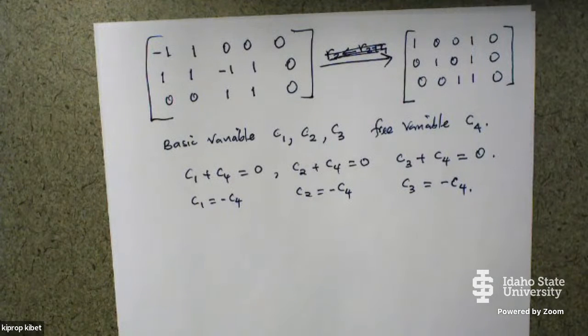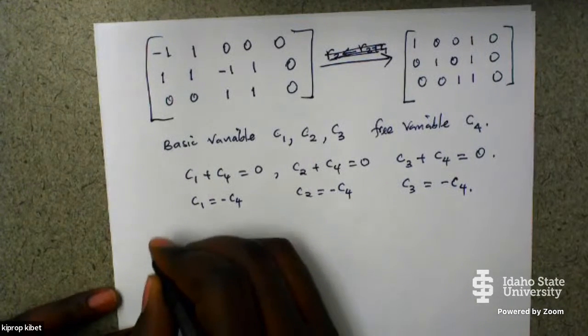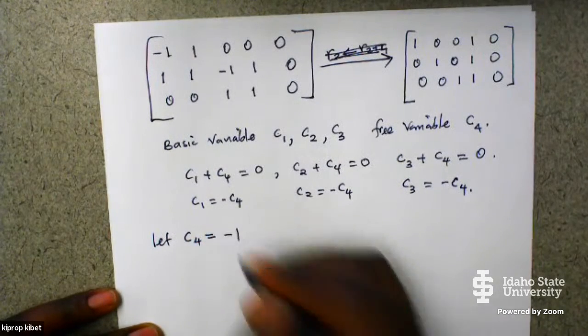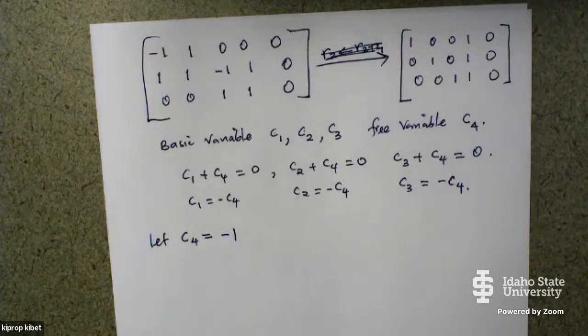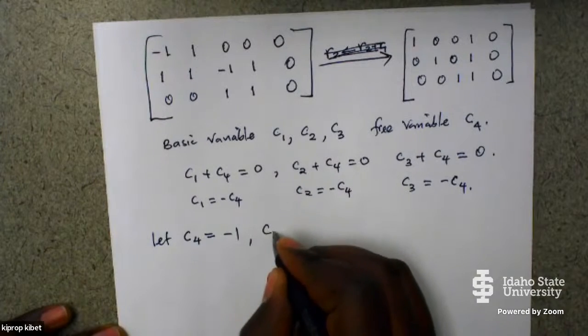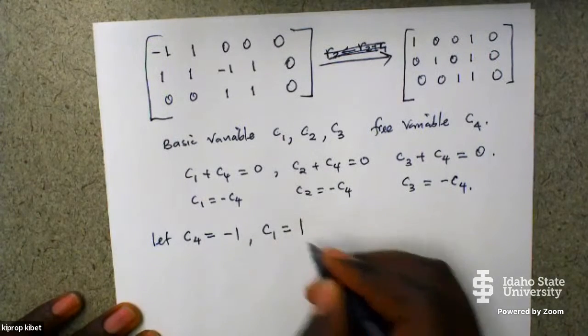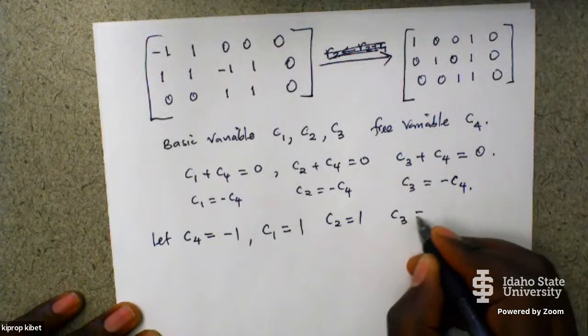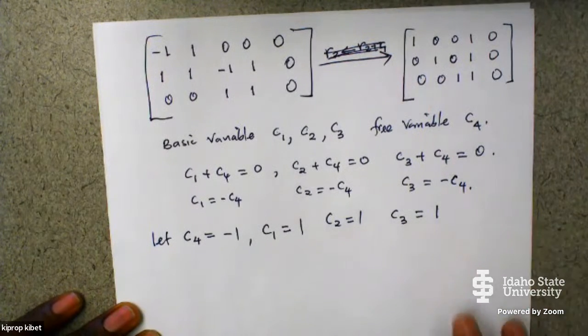Now, without doing other stuff, you can let C4 equal minus 1. So when C4 is equal to minus 1, C1 will be equal to 1, C2 will be equal to 1, and C3 will also be equal to 1.